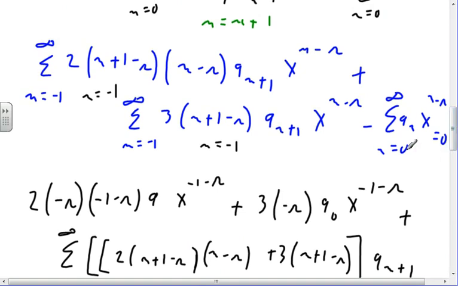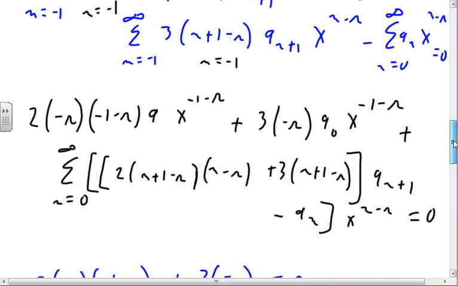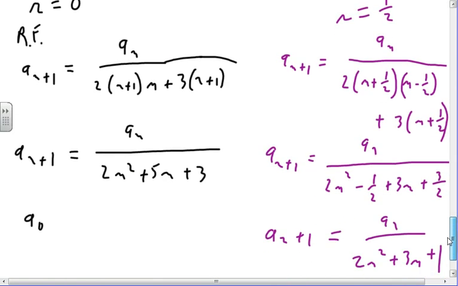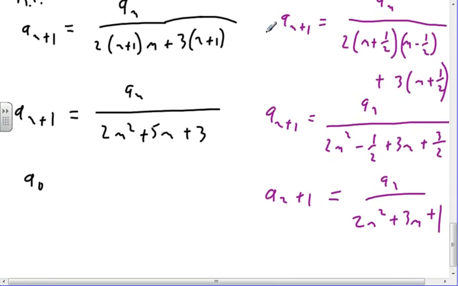So this is good for n equals 0 to infinity. So a0 is arbitrary.